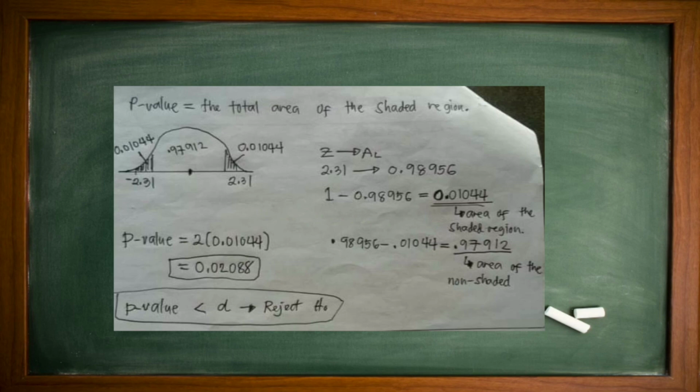Okay po, para po naman makuha natin yung ating p-value, okay, take note that p-value is the total area of the shaded region. Okay, so meron po ulit tayong normal distribution curve. Since two-tailed po yung ginamit natin, the left and the right side po ay merong shaded. Okay, so kung makikita nyo po, meron tayong 0.97912. Yan po yung ating non-rejection region or the non-shaded part.